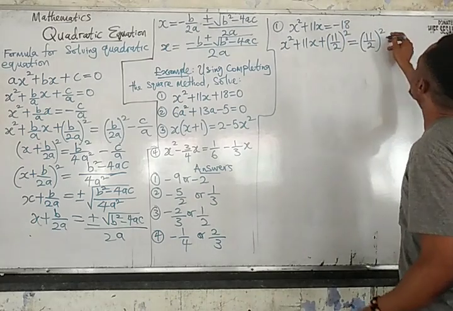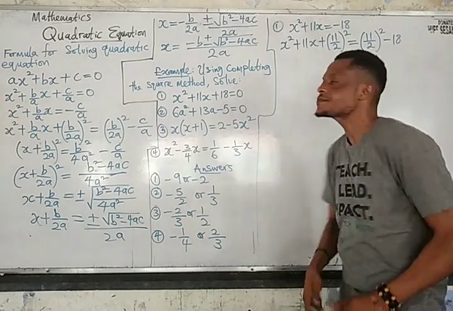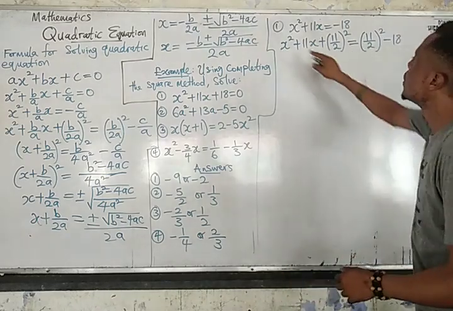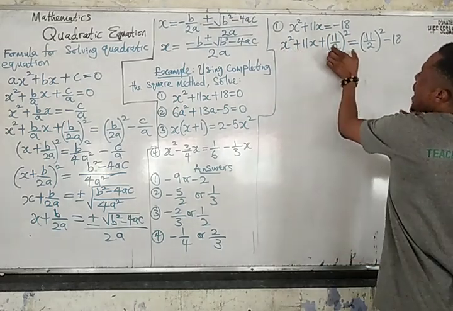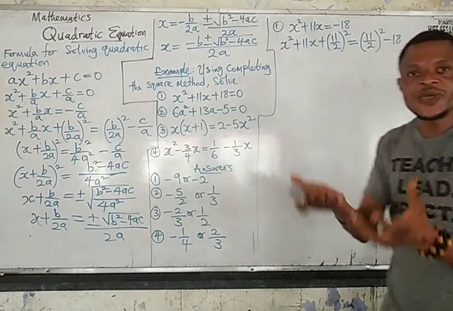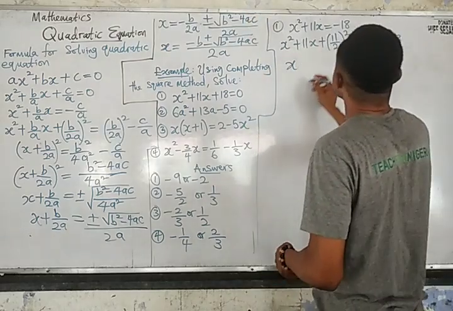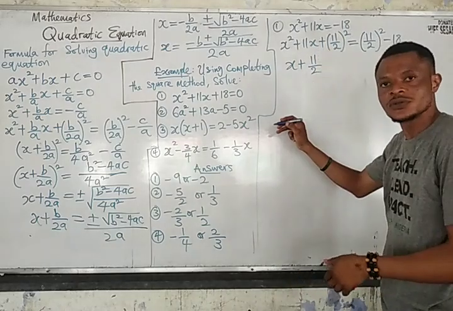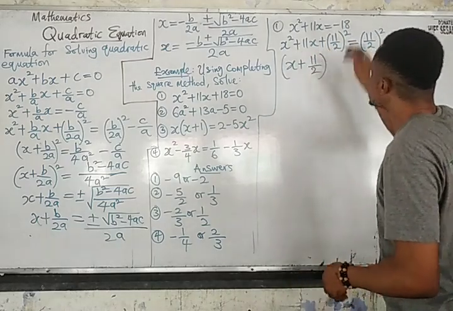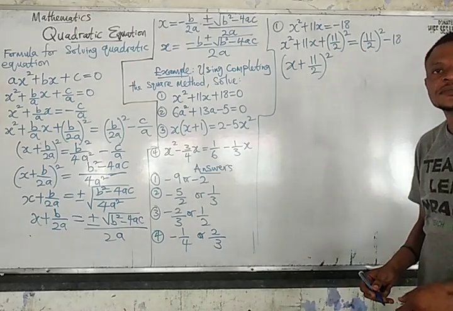Then what do we have here? Minus 18. It's still the same thing. Now from here, when we choose to complete the squares, we are going to pick this and this. We group them together in a bracket, then we square it. So this gives us x plus 11 all over 2, then we open bracket, then we square it by this side.